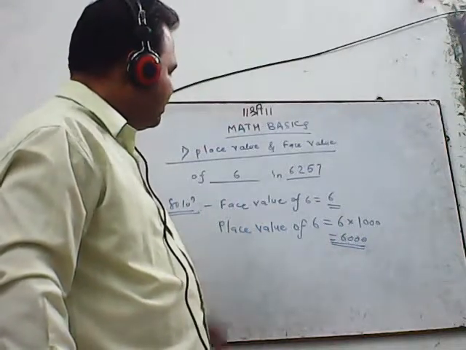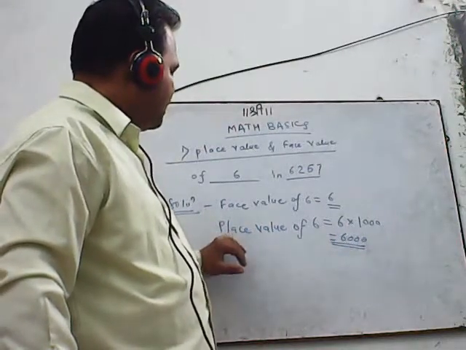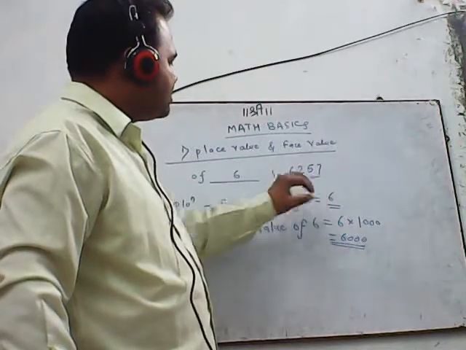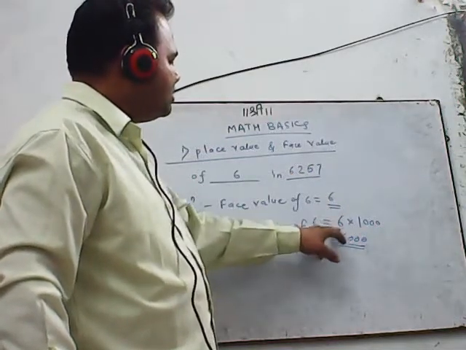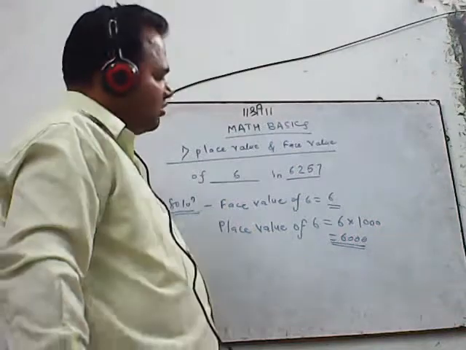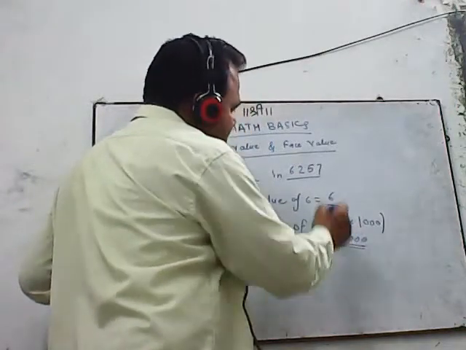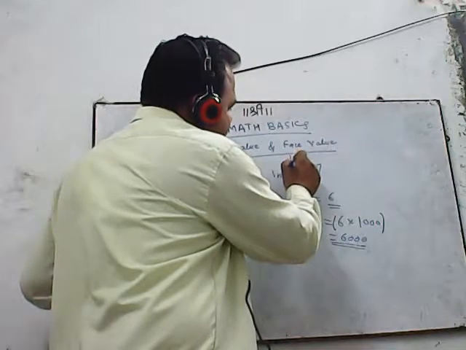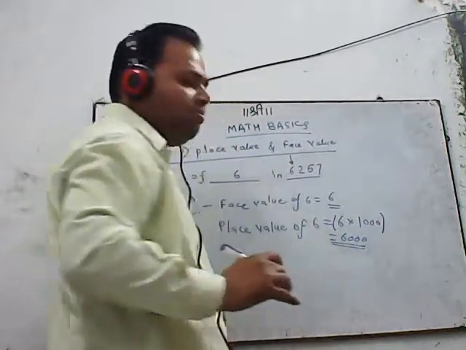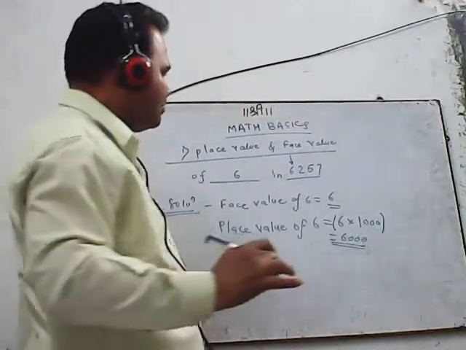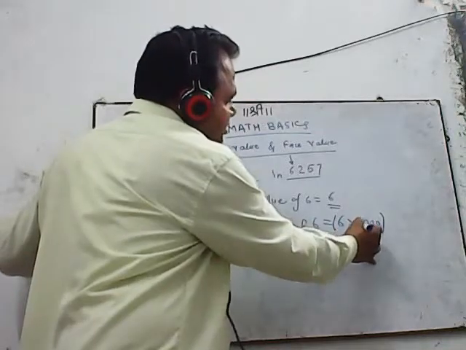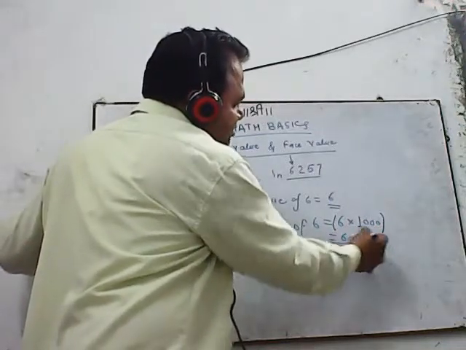How will you find the place value of 6 as 6 into 1000? Why did I write 6 into 1000? As the digit 6 is at the 1000 place, that's why I wrote 1000, equal to 6000.